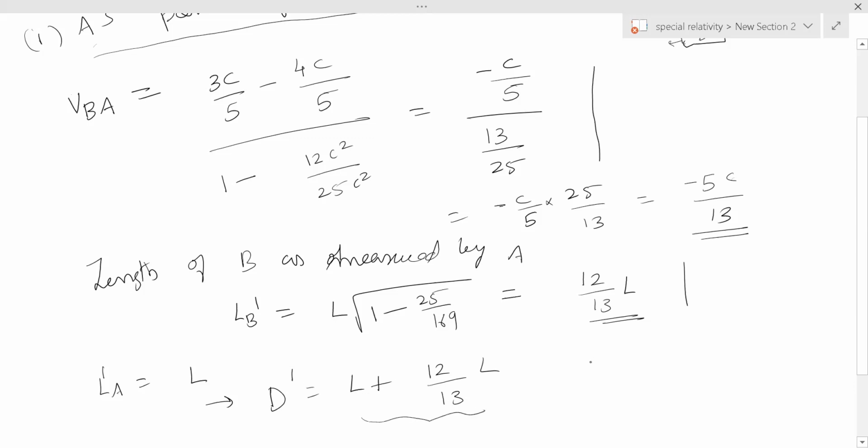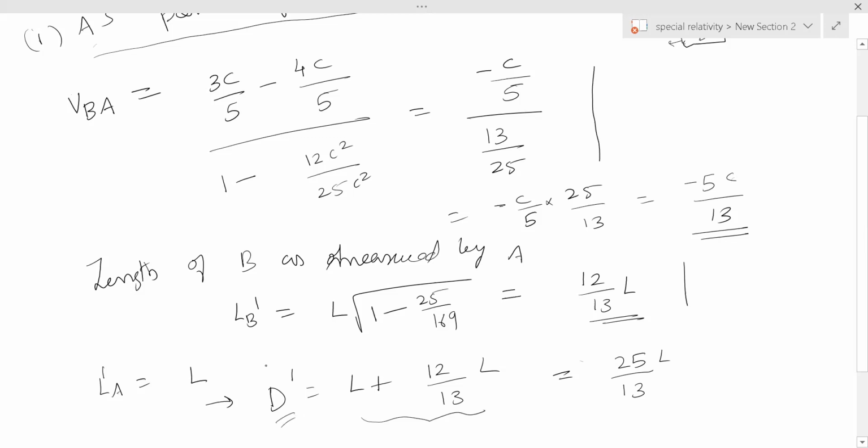Yes, sir. So this is equal to 13 L plus 12 L, that's 25 L, divided by 13. Is this correct? Yeah, so this is the distance.